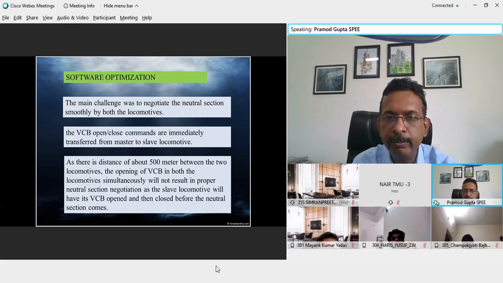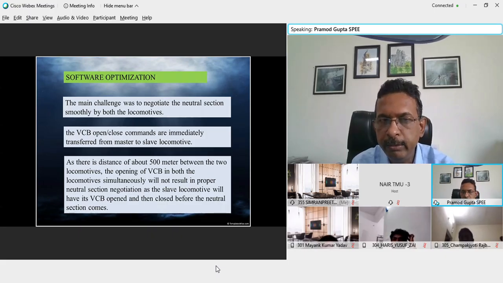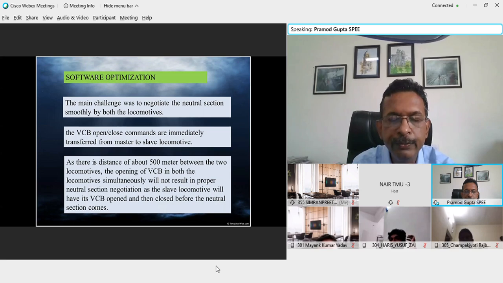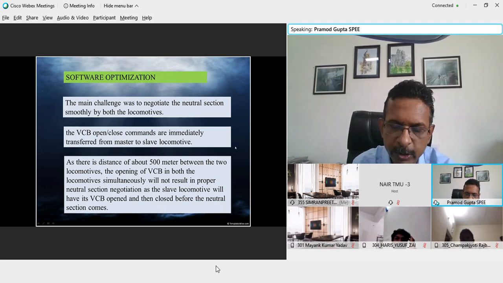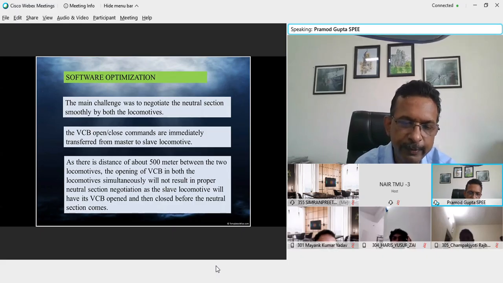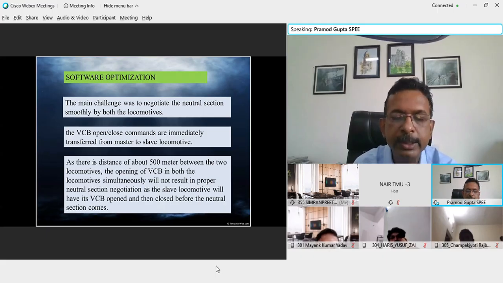This is the software optimization. The main challenge, and it is interesting, was to negotiate the neutral section smoothly by the locomotive. Suppose I open the VCB of the front locomotive, there is a possibility that the VCB of the rear locomotive is also open, although it is not under the instruction.